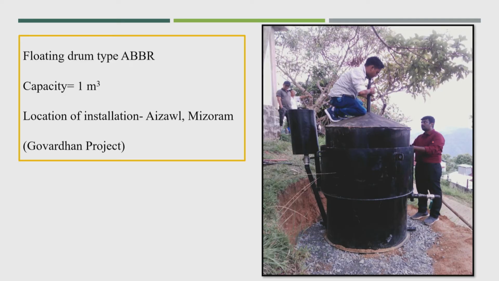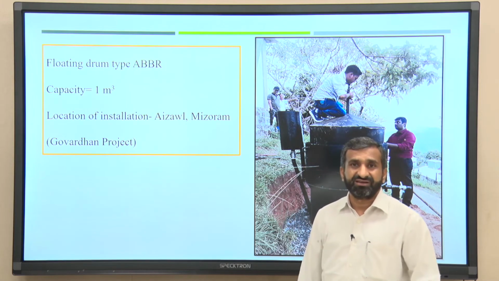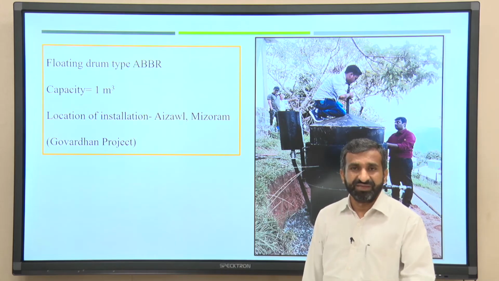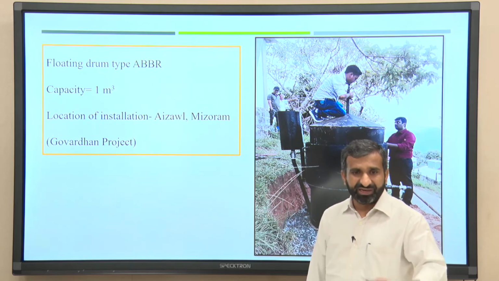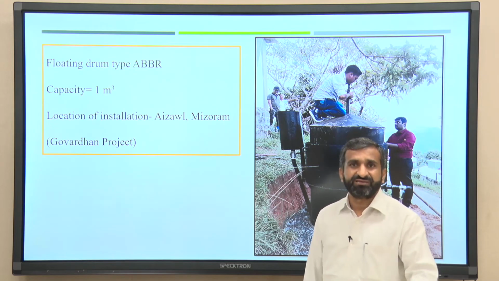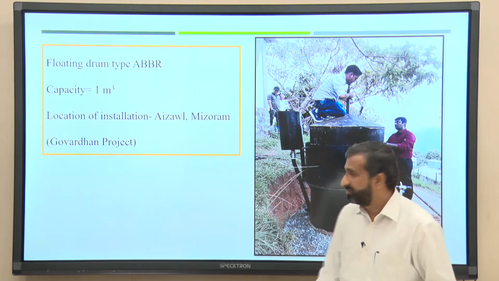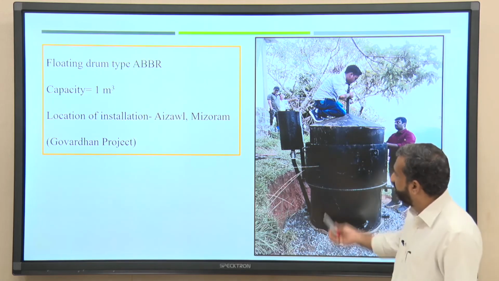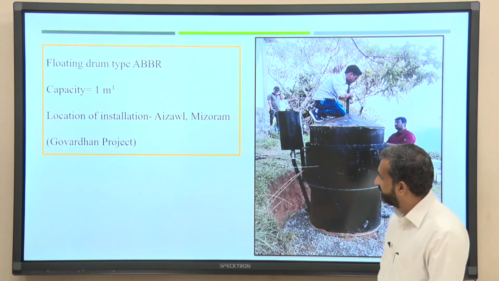It is a small unit, specially for piggery waste, and you know in northeast India the major cattle are pigs. Here we get more piggery waste compared to cow waste or cow dung, and this was one successful unit that has been installed.